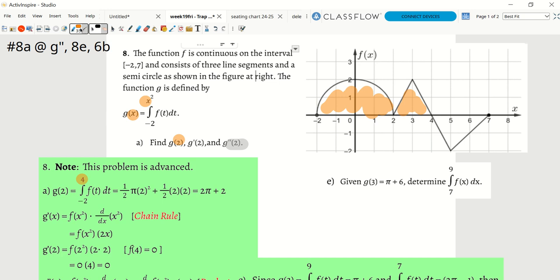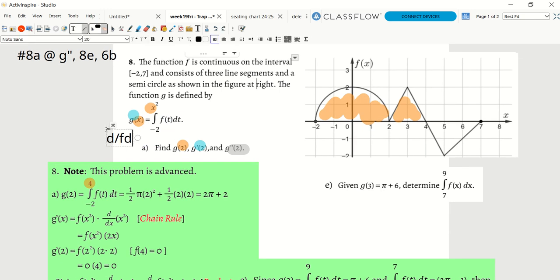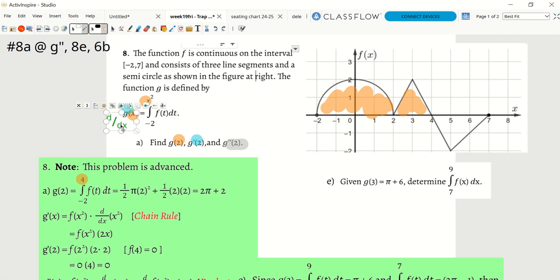Now, g prime of 2 means you got to take the derivative of this side and the derivative of this side. And when you take the derivative of this side, the derivative and the antiderivative cancel out. And the x squared, here, let me actually write. Boom.